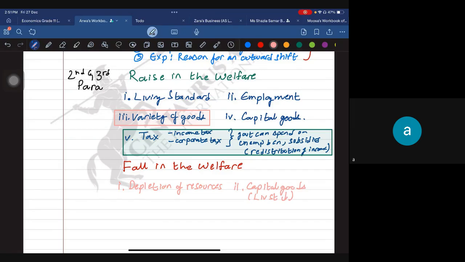If capital goods are increasing, production is increasing. I'm not sure, but in some industries, if they want to increase production, they might not provide incentives and might overwork the employees.